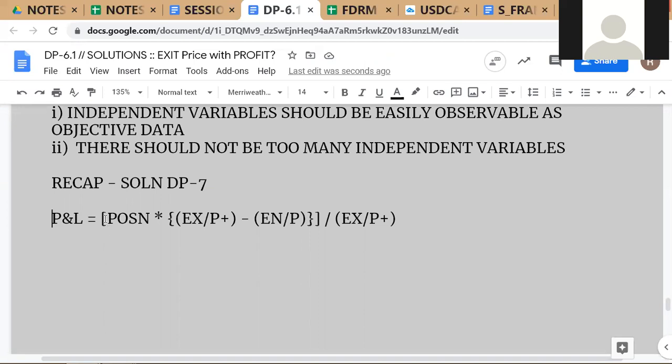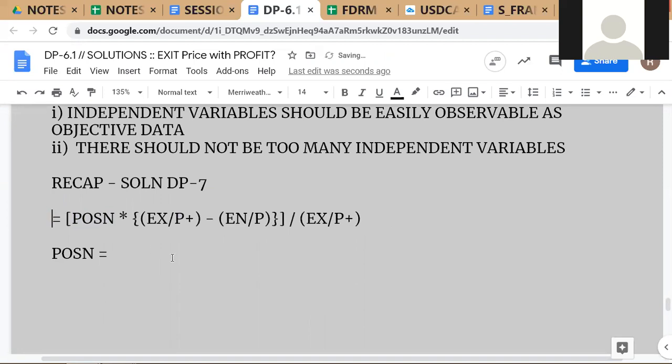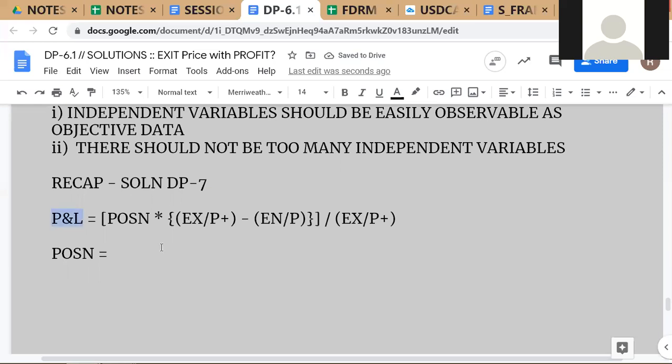Therefore we can say position is equal to, I'll just do it directly in one step to save time. Position is equal to PNL into exit price.